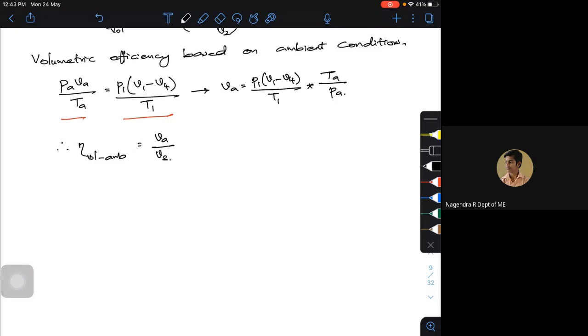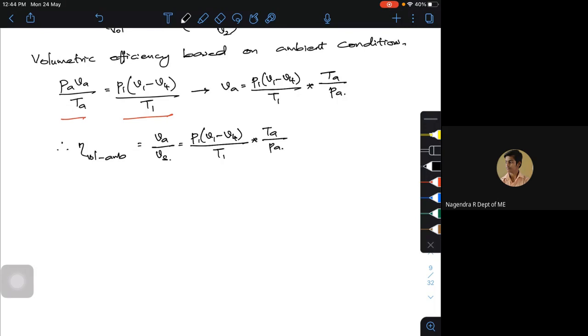What is the volume of air delivered at ambient condition? Already I have the expression: P1 into V1 minus V4 divided by T1, into TA by PA.